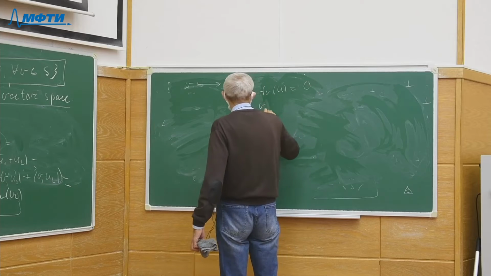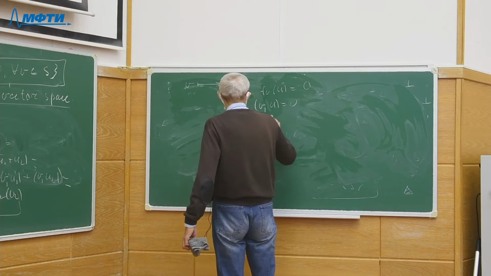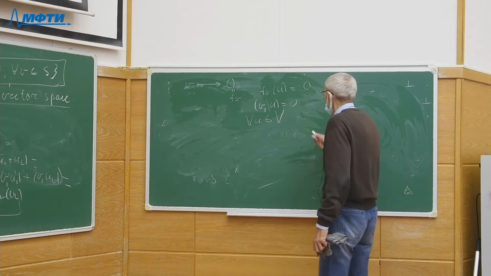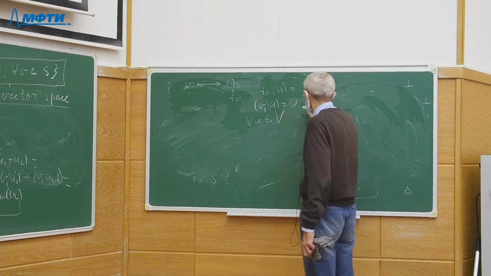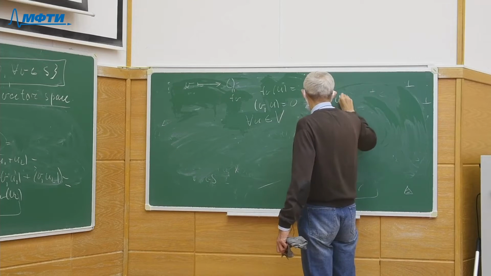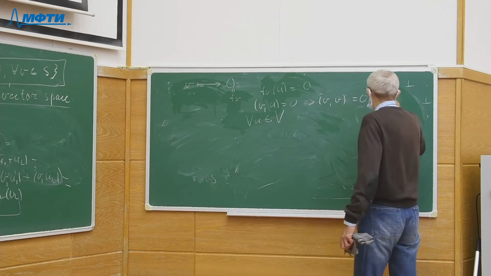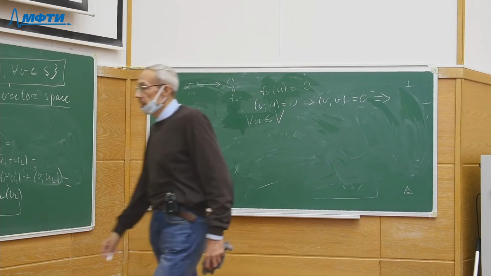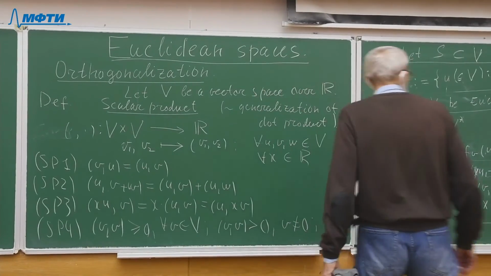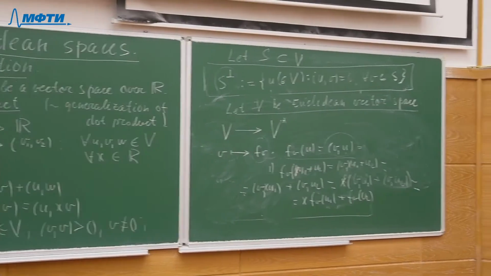It means that (v, u) is equal to 0 for any vector u from V. But it means that (v, v) is equal to 0, and from the last fact, using the last condition SP4, we obtain that v is equal to 0.